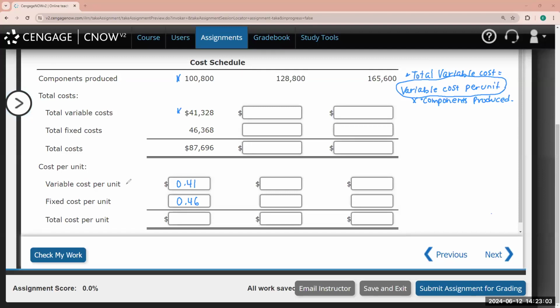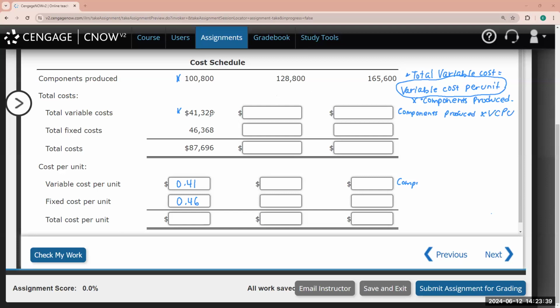So we have variable cost per unit, so our components produced times our variable cost per unit. I'll put VCPU.